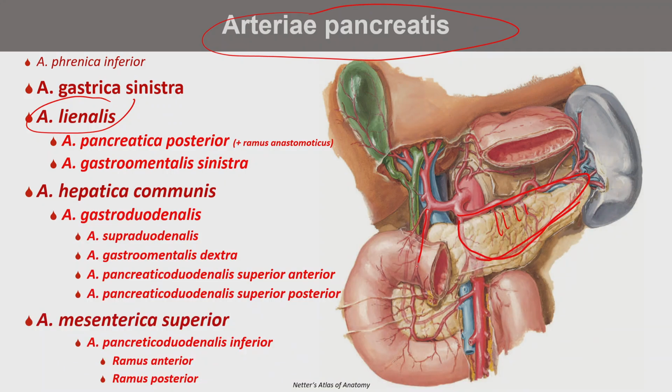Then we have something which is also called the pancreatic arcade. This pancreatic arcade is two systems which are connected between the gastroduodenal artery and the superior mesenteric artery. The gastroduodenal artery is divided into the anterior superior pancreaticoduodenal artery and the same dorsal or posterior, and two branches are also going from the mesenteric artery.